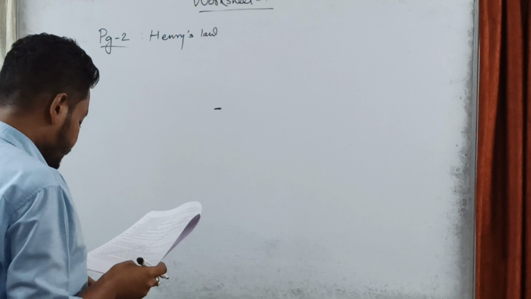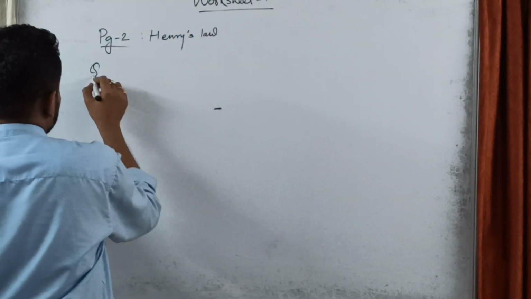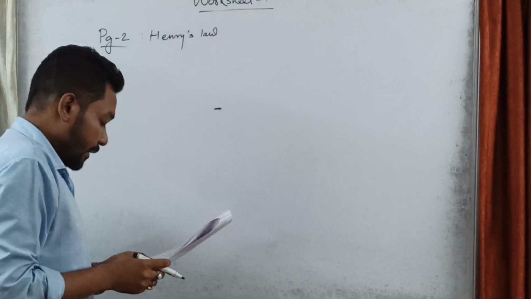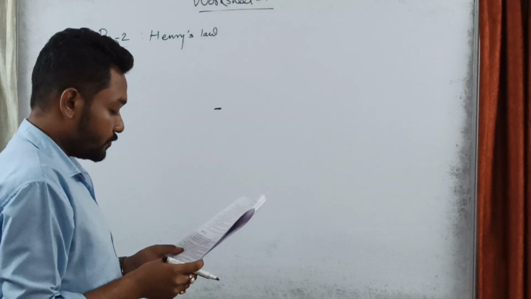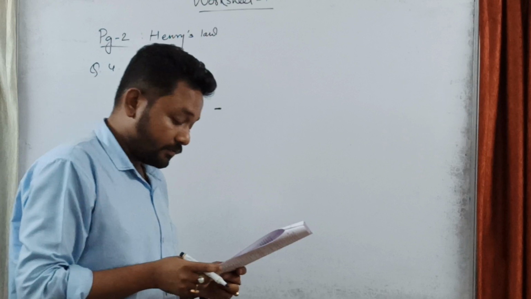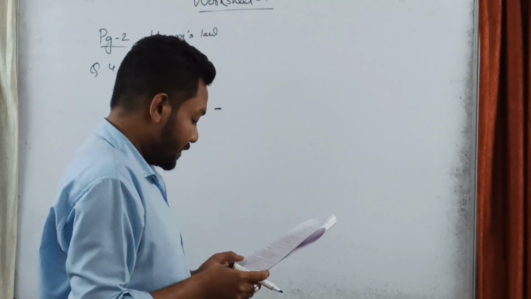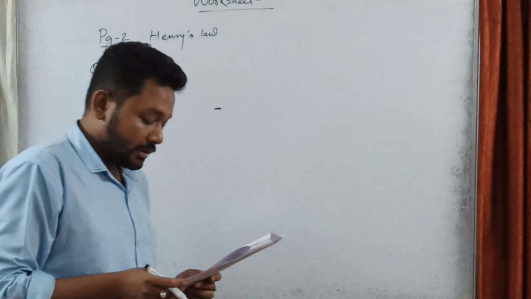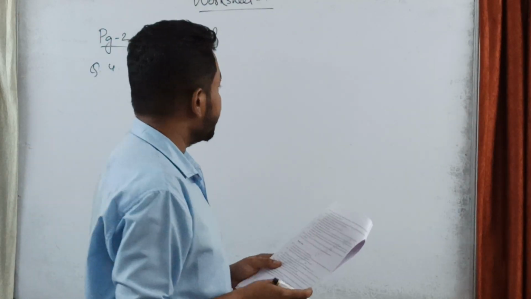Henry's law. If you focus on question number 4, it tells you Henry's law constant for the solution given at 298 Kelvin is 4.27 into 10 to the power 5. Calculate the solubility of that gas in benzene under 760 millimeter of mercury.